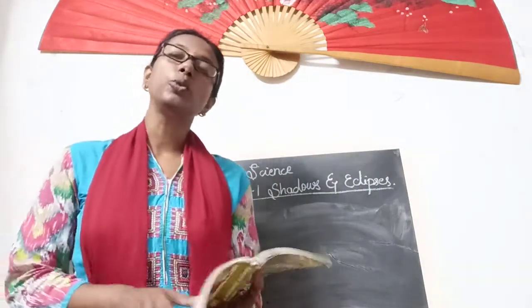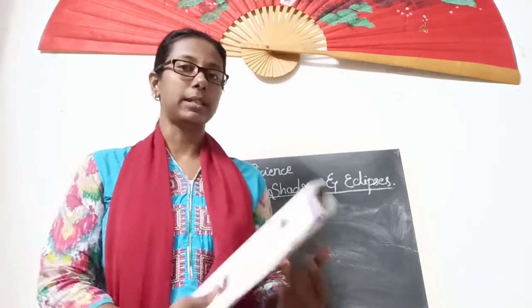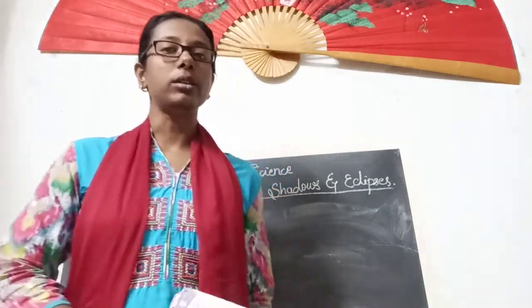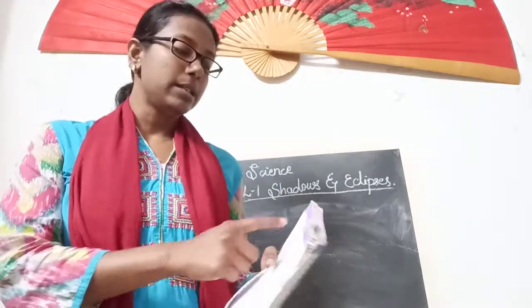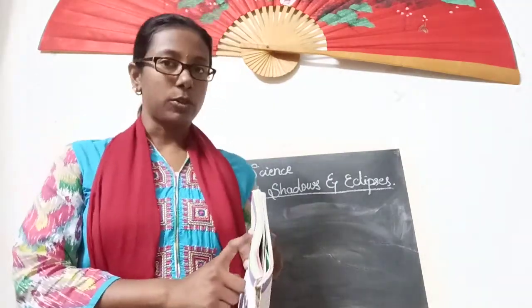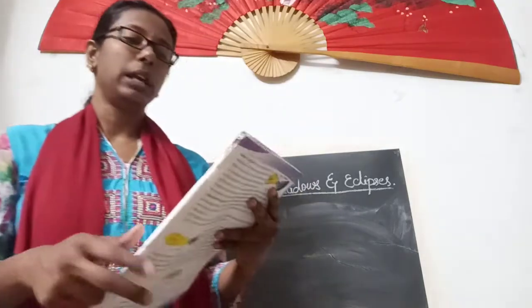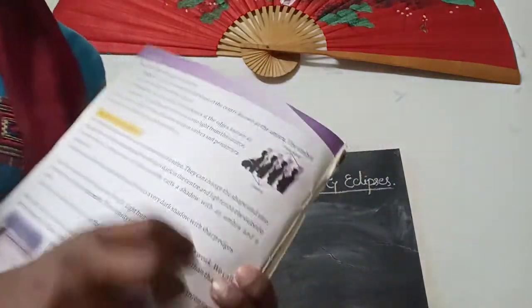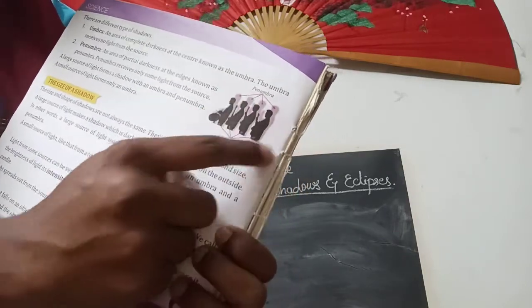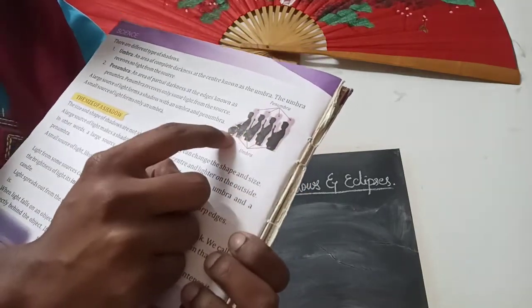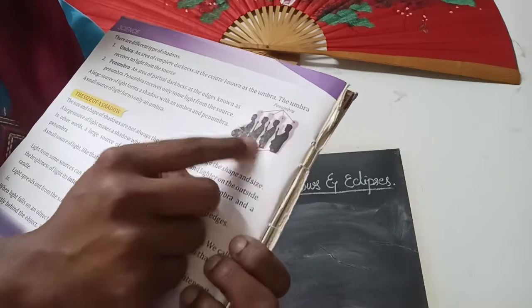Now, there are two types of shadows that you will be studying. These many days you weren't aware of that, correct? So now let us study what these two types of shadow are. See, in your textbook, they have clearly shown a picture over here. This is nothing but a shadow of a man playing a drum.